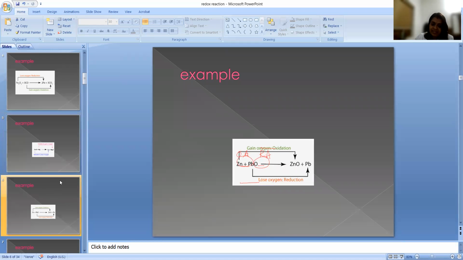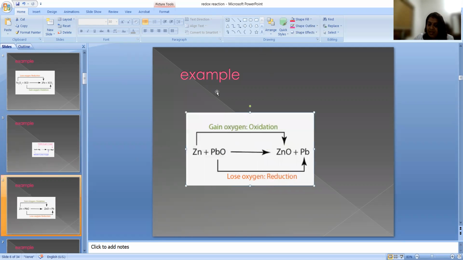Next example, with zinc. Zinc is reacting with lead oxide. A similar reaction: zinc is gaining oxygen, so that is oxidation. Lead is losing oxygen, so that is reduction. Since zinc undergoes oxidation, it acts as a reducing agent.